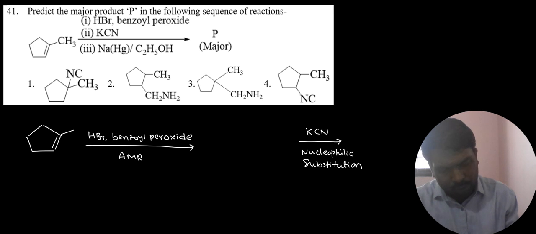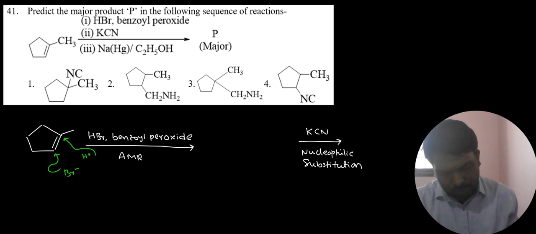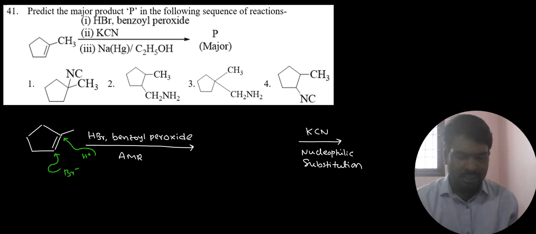So the anti-Markovnikov rule means the negative part of the reagent is added to the less substituted carbon, that means the more hydrogen-containing carbon, and the positive part of the reagent is added to the more substituted carbon, meaning the less hydrogen-containing carbon.